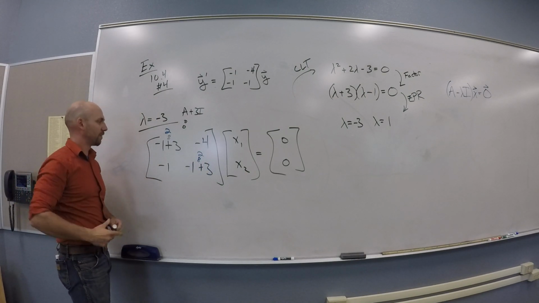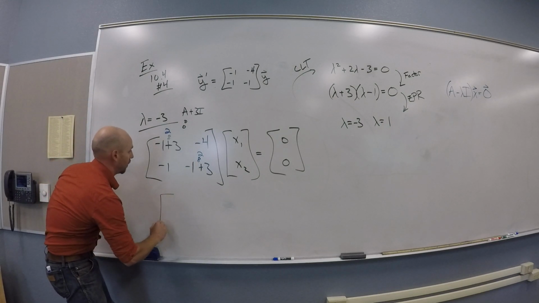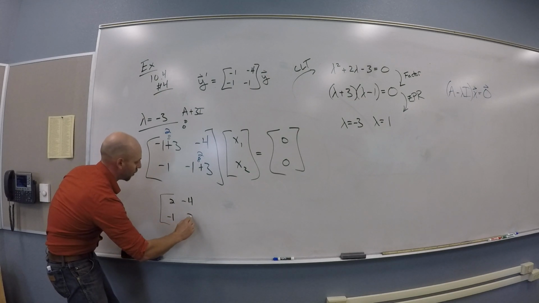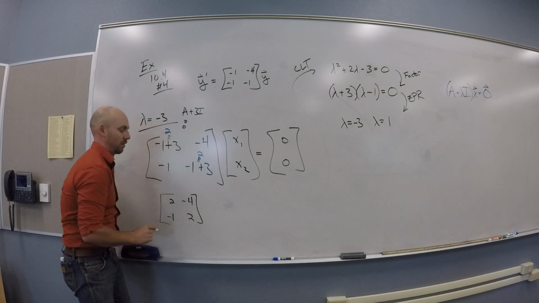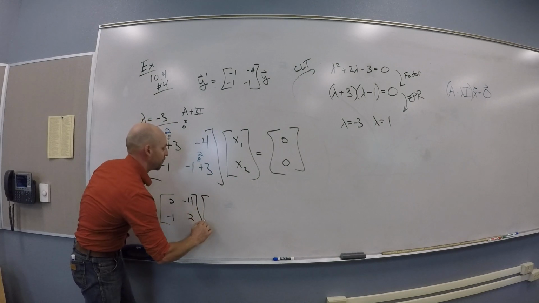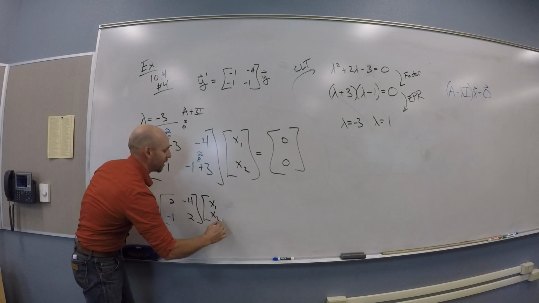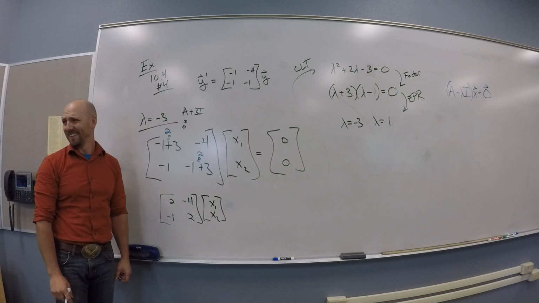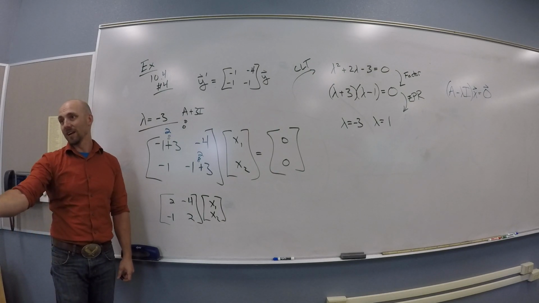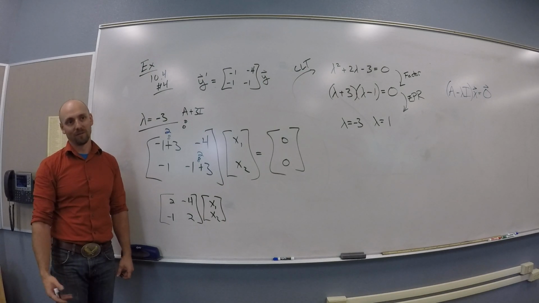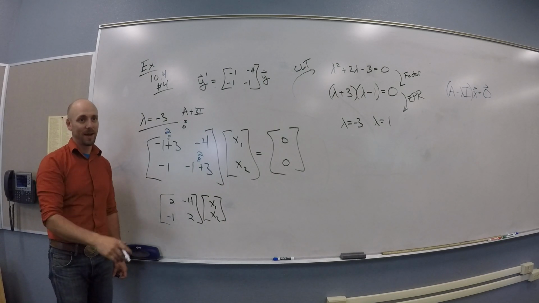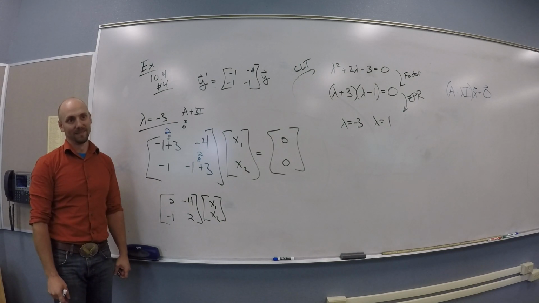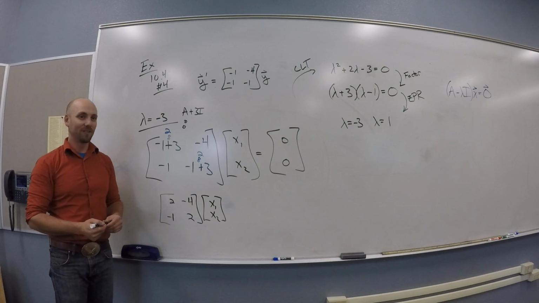So I have a matrix that looks like 2, negative 4, and negative 1, 2. And this will always be a dependent set because you made it a dependent set. You forced that, because you set the determinant equal to 0 and then solved it and then plugged that back in. You broke this on purpose. That was the thing you wanted.